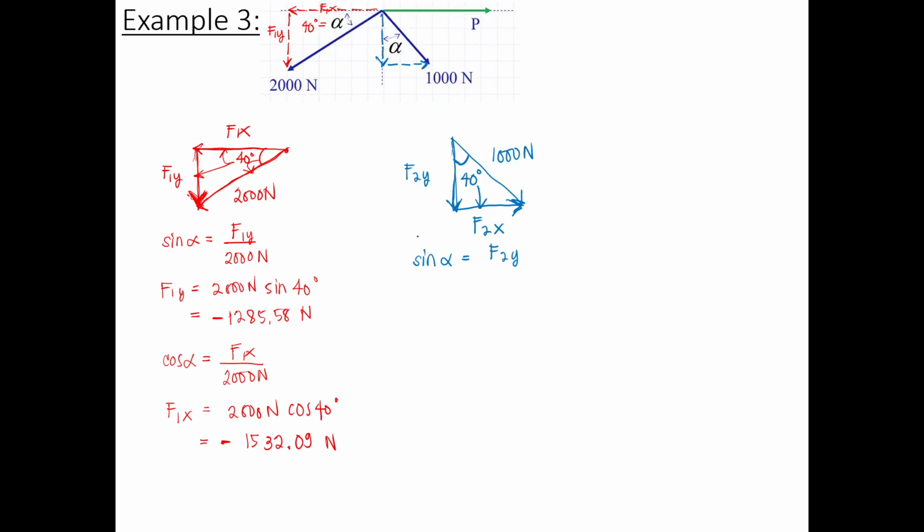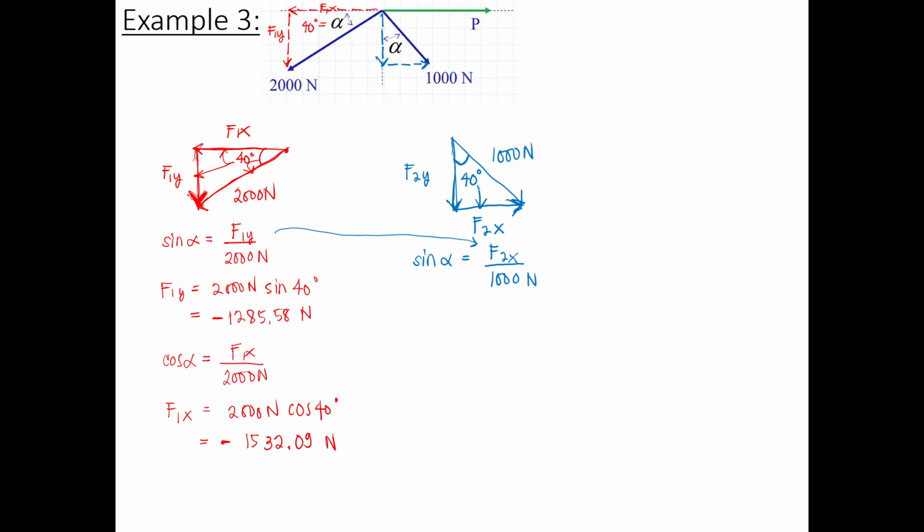It will depend on the triangle that you have created, on where you place the sine and cosine functions. Earlier the sine function was with F1y, and now we have F2x. Again, it depends on which side is opposite the angle that you have generated.